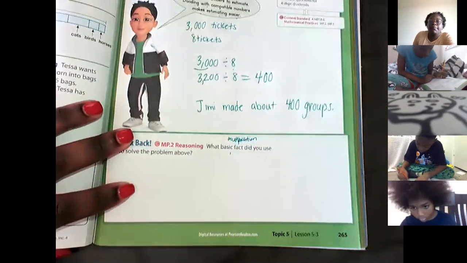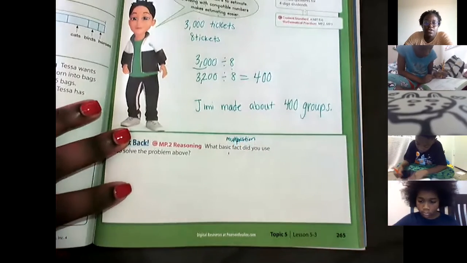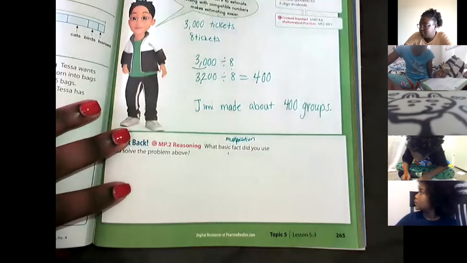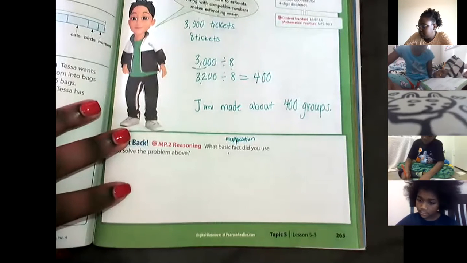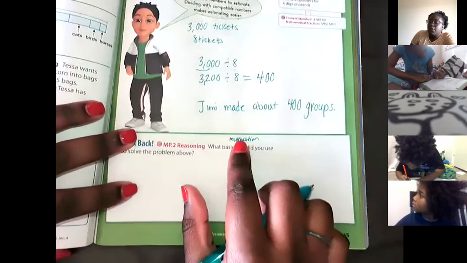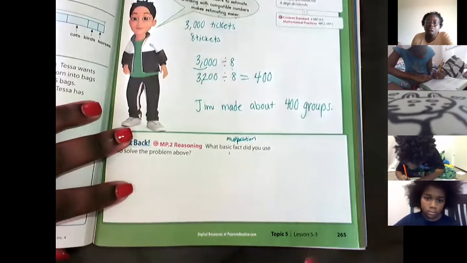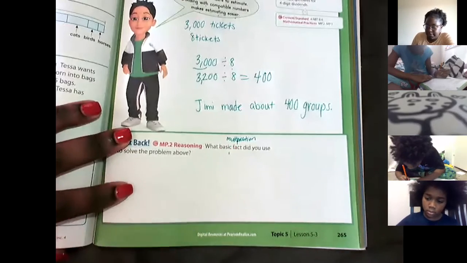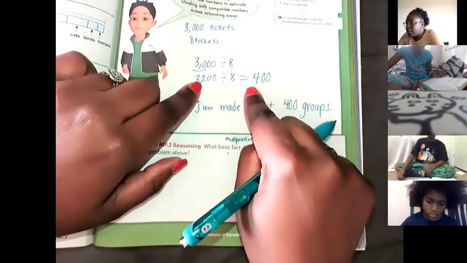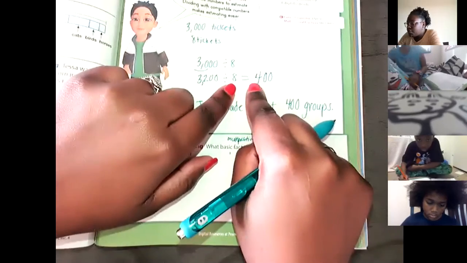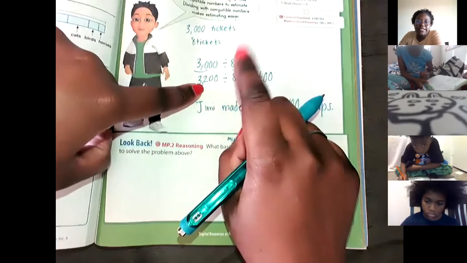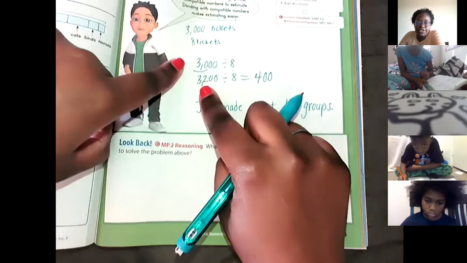They wanted to know what basic multiplication fact we used to solve this problem: 3,200 divided by 8. Basic means really, really simple. We had to multiply some number by 8 to get to 3,200.